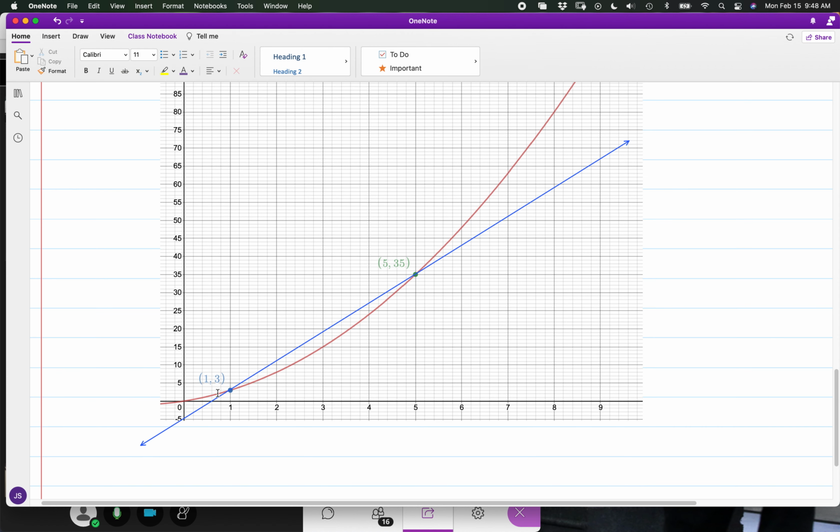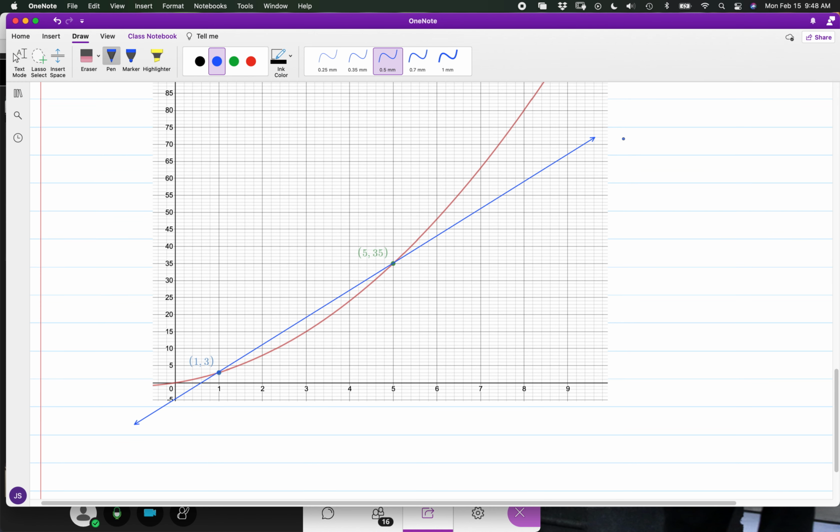Okay, so for this line, the average rate of change between x equals 1 and x equals 5. You have this particular secant line, and once again the slope of the secant, the average rate of change, is equal to 8.